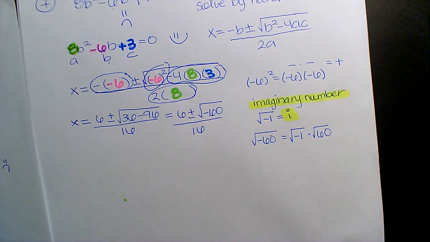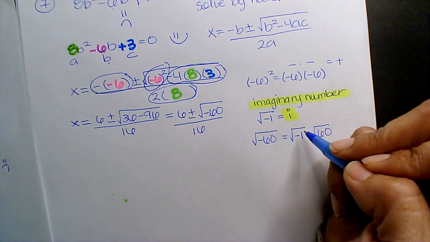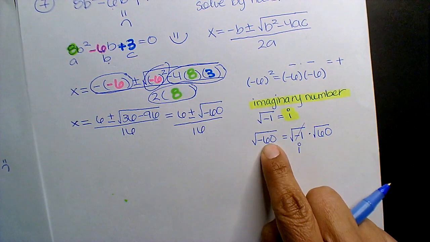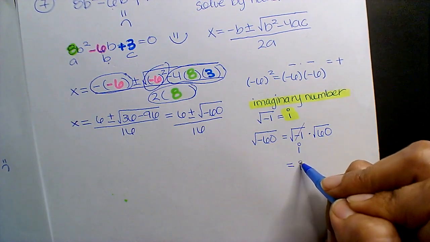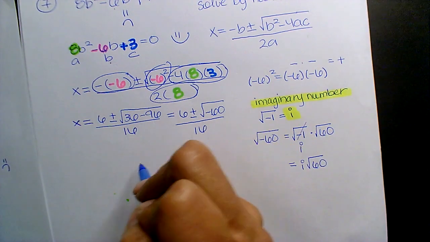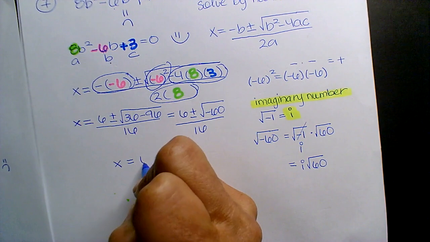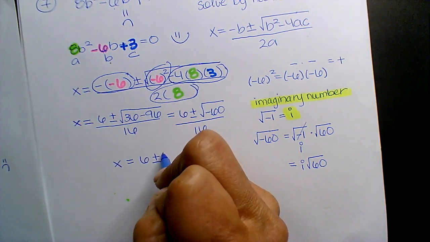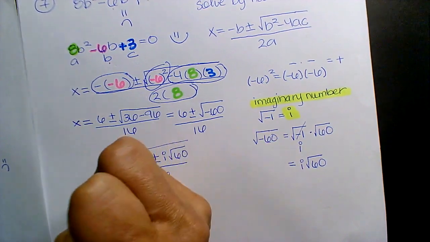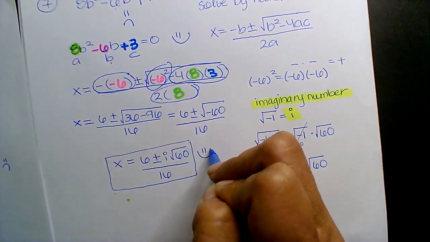So this then becomes I, and so this is equivalent to I rad 60. Yeah? You pull the negative out so you can move forward with the calculator. Okay, so if you were to give me this answer, 6 plus or minus I rad 60 all over 16, you would get full credit.